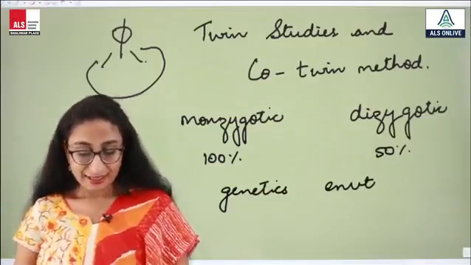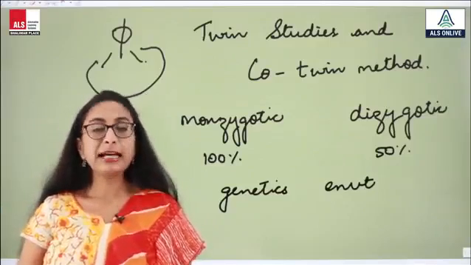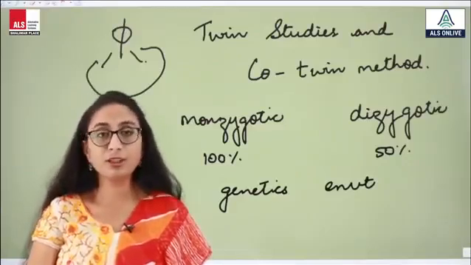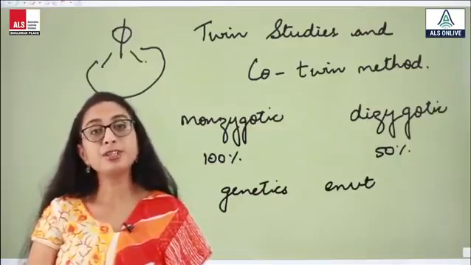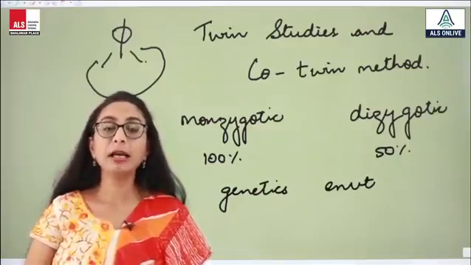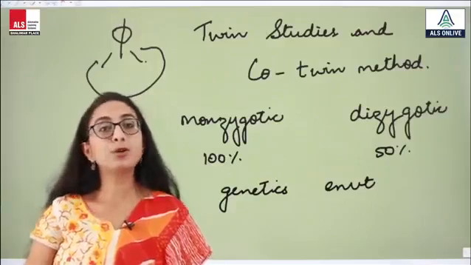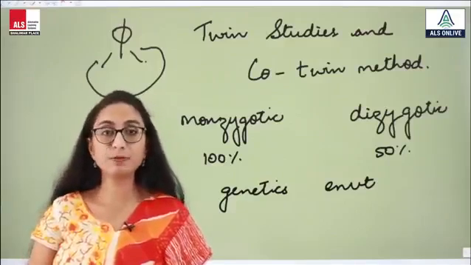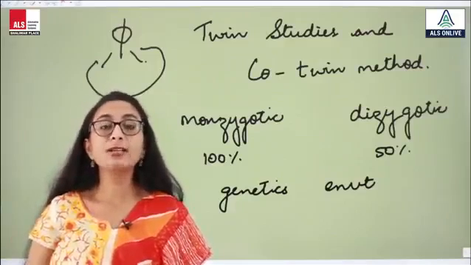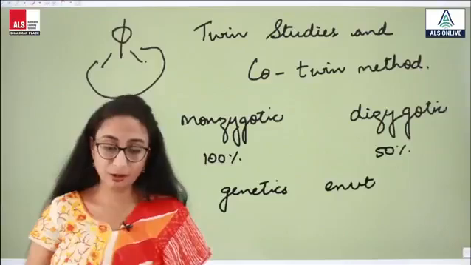However, you can see that in the case of dizygotic twins, they hardly share around 50% of their DNA, and in addition to that, they do not have a similarity in the early environment, because from the very beginning there are two eggs which are getting fertilized by two different sperms, and after the zygote formation they have separate sacs, isn't it? So even the early environment is not similar for them.